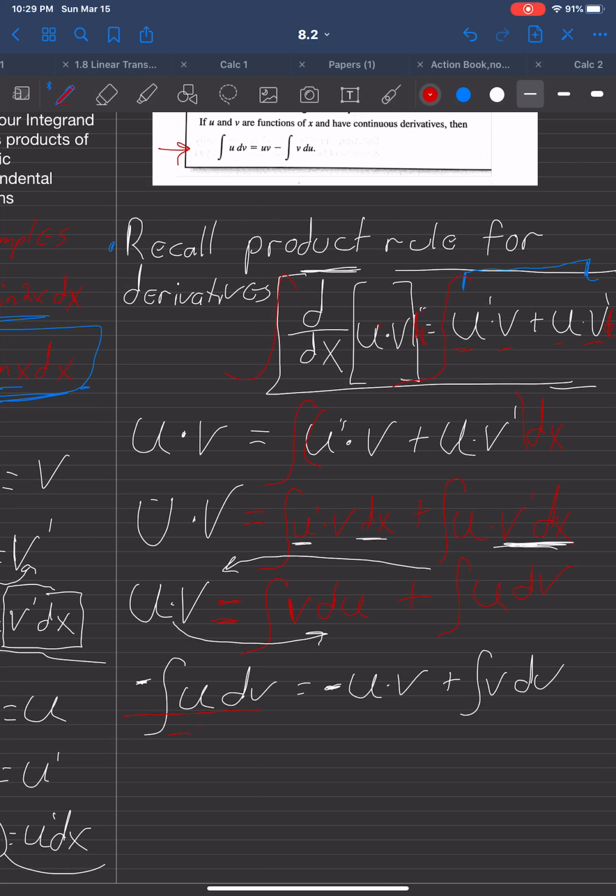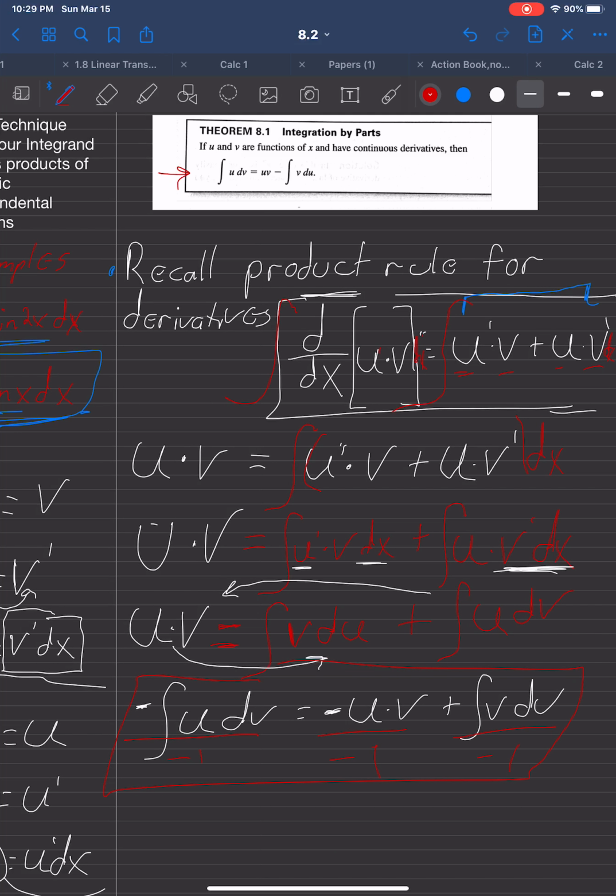I'm going to be dividing by negative one, and when I do, what you're left with is exactly what our integration by parts formula looks like in Theorem 8.1.